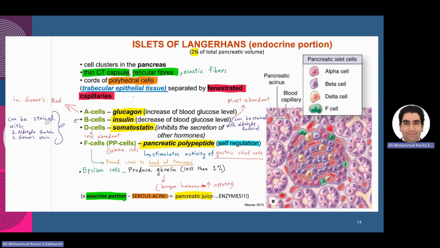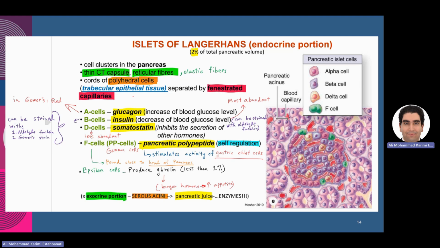And the four or, in more cases, 5 important cells you need to know inside the islet of Langerhans are these. There are alpha cells, beta cells, delta cells, gamma cells, and epsilon cells. The alpha cells are pretty clear. They produce glucagon, and glucagon increases the blood glucose, right? Now, if you stain the slide with Gomori's stain, you will see red cells quite a lot in there, and those will be the alpha cells.